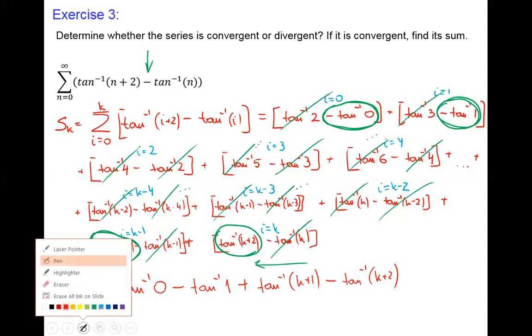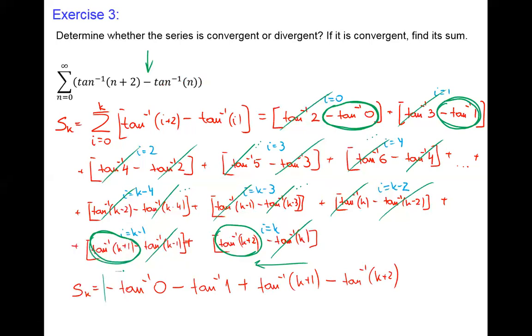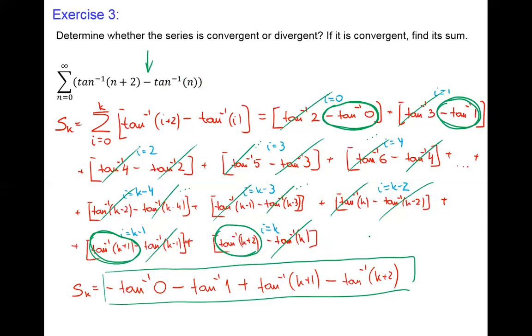That means this is the partial sum, and I have to think how this quantity behaves at infinity. That means the sum will be just the limit of the partial sum at infinity.